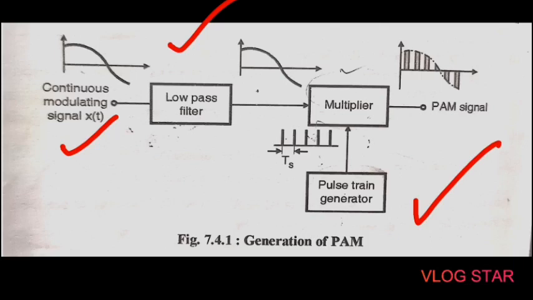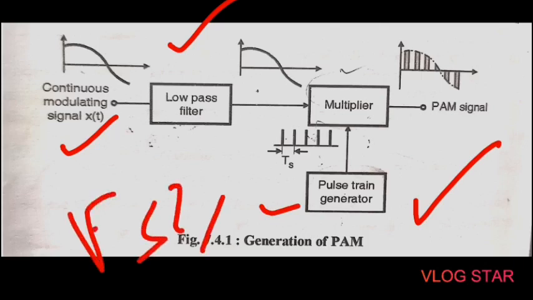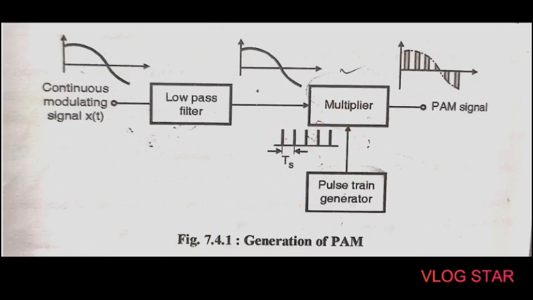Next is the pulse train generator, which is used to generate a pulse train at a frequency Fs such that Fs should be greater than or equal to twice Fm. Thus the Nyquist criterion is satisfied here.